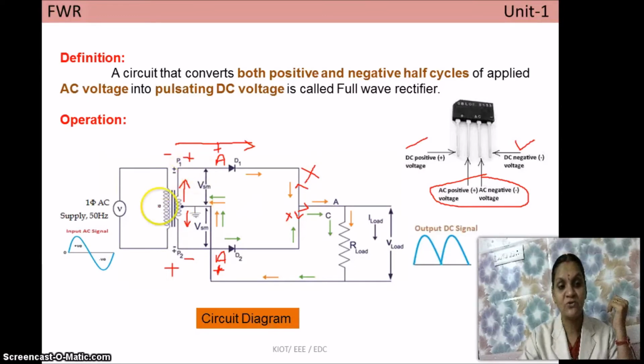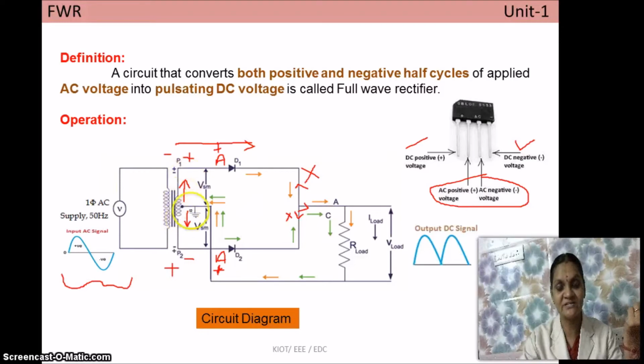But when you consider the net DC current flowing through the transformer secondary for one full cycle, it is assumed to be 0. This is because during the positive half cycle the current flows in this direction and during the negative half cycle the current is in this direction. These two currents are equal in magnitude but opposite in polarity, so they cancel each other.